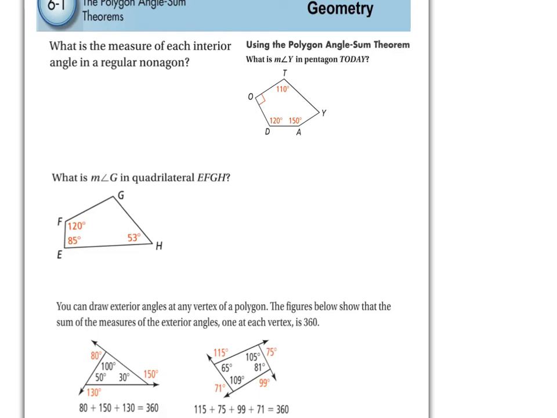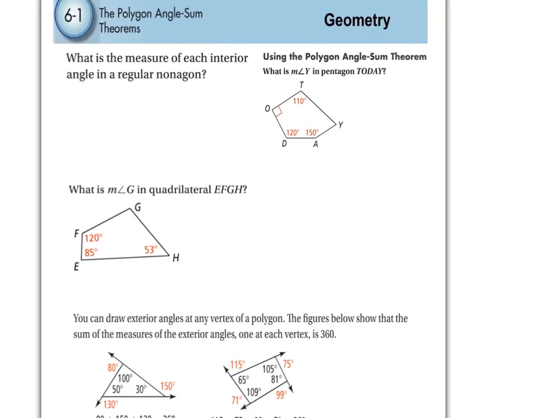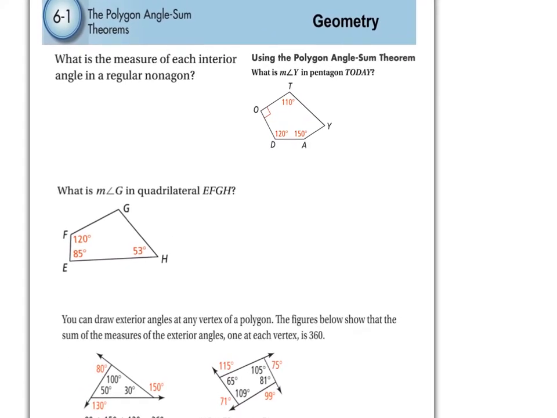All right. So as I look at these examples, what's the measure of each interior angle of a regular nonagon? Nonagon is 9 sides. So I'm going to use the formula n minus 2 times 180, and we're going to divide that by the number of sides.